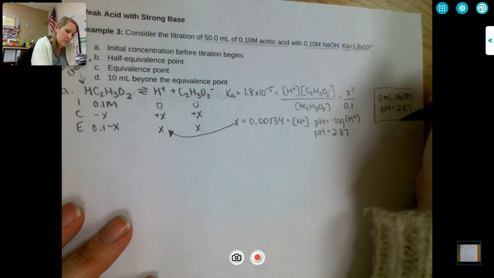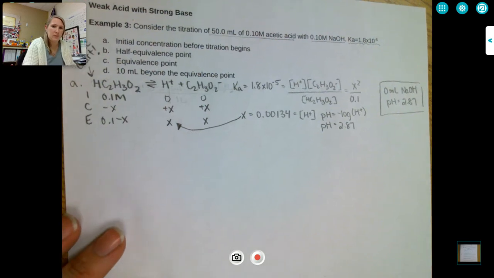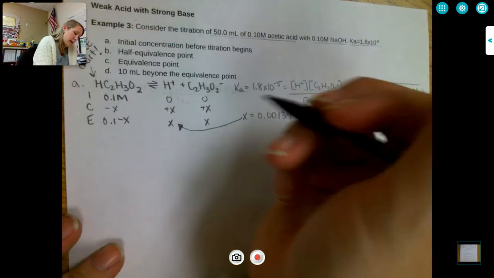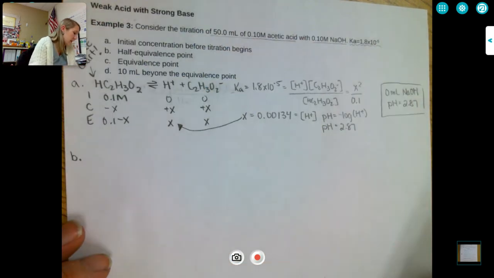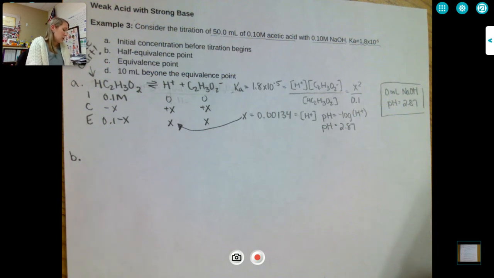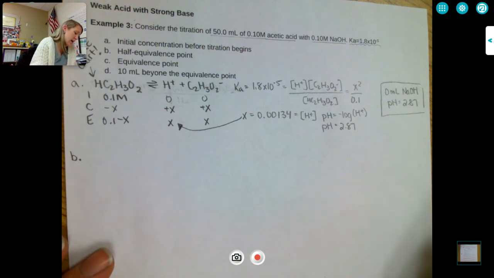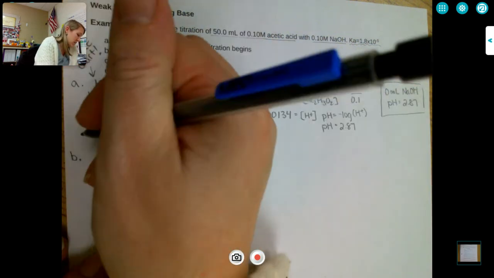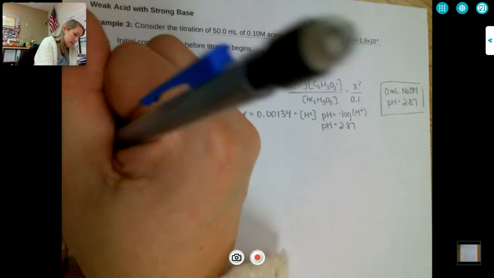So that's point number 1. Now let's do our half equivalence point. There's a special case when we have a weak acid and a strong base, about our pH value at our half equivalence point.